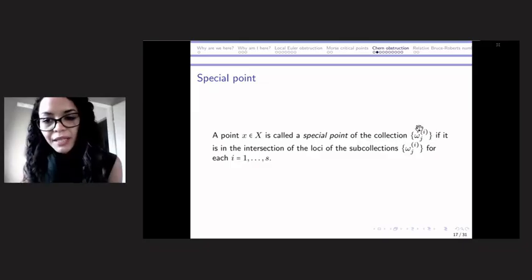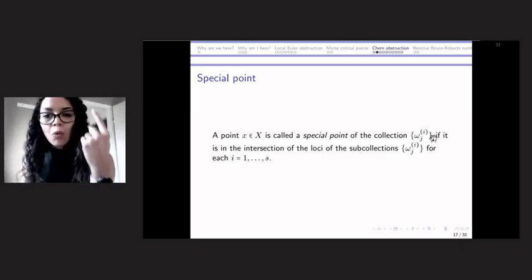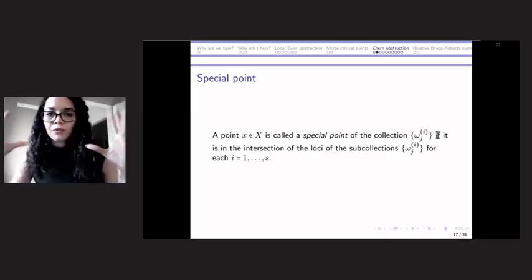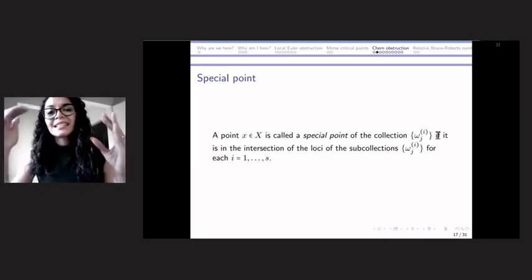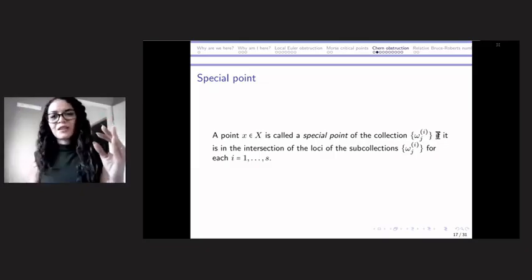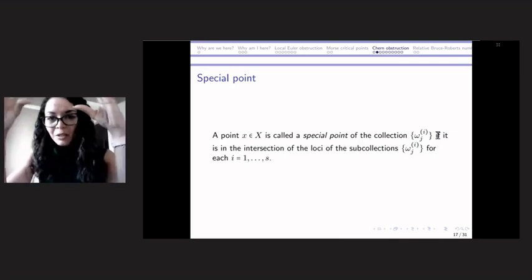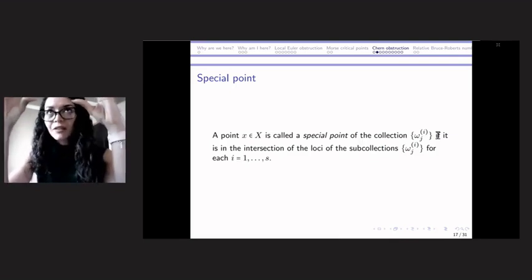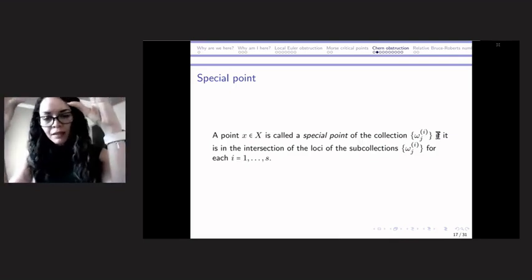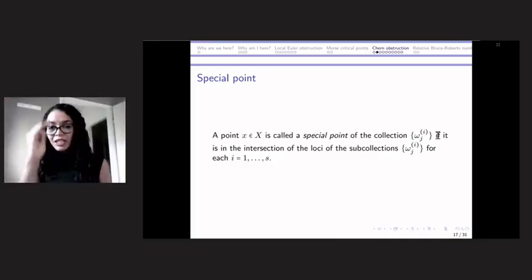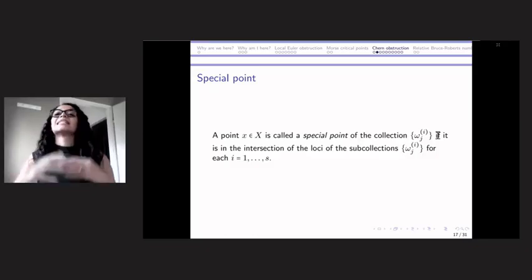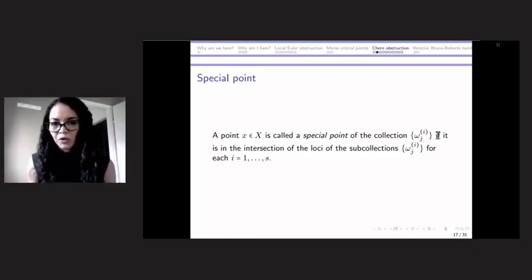This notation over here is not one set of differential forms. It's several sets of differential forms. So for each sub-collection, you see if it is linearly dependent or not. And if it is linearly dependent for each one of those sub-collections, then we have a special point. Okay?